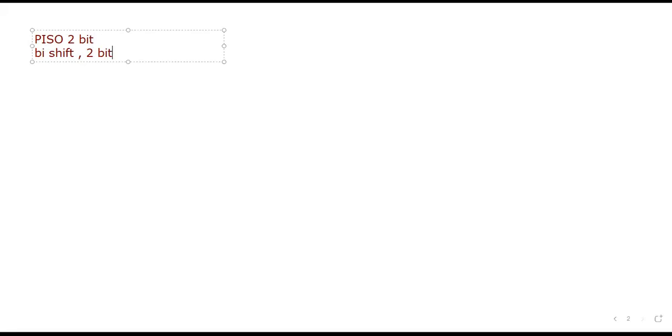If they have written draw PISO for 3 bit or 4 bit, then only go for 3 or 4 bit. Otherwise we can draw for 2 bit only and it would be more than enough.